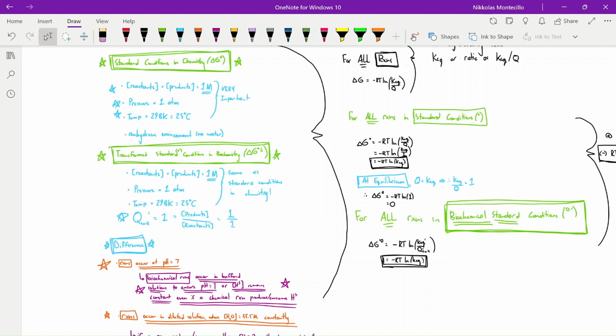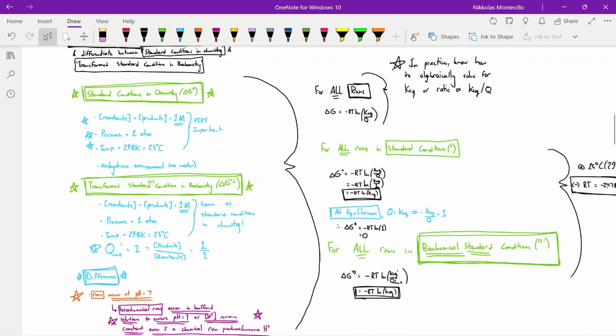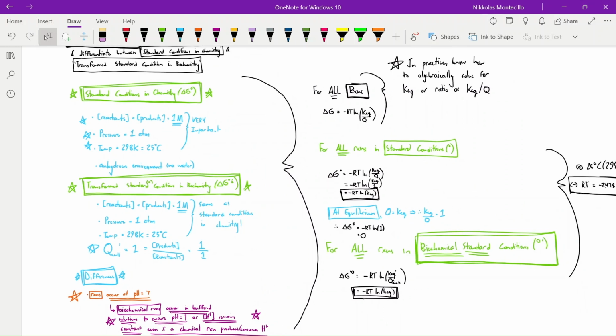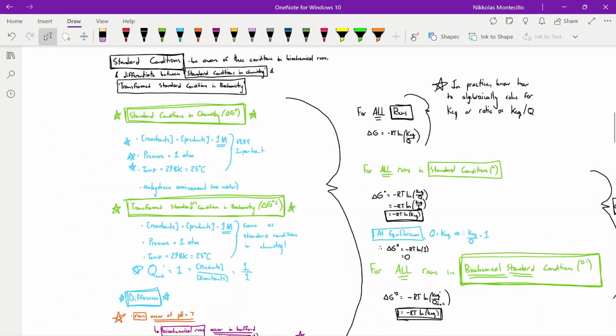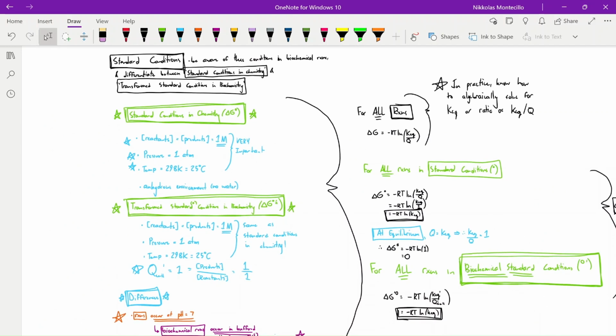We want to look at the reactions from a different light in applying the formula for Gibbs free energy, because a lot of the time we're trying to quantify how much free energy is available once a reaction occurs in a system.